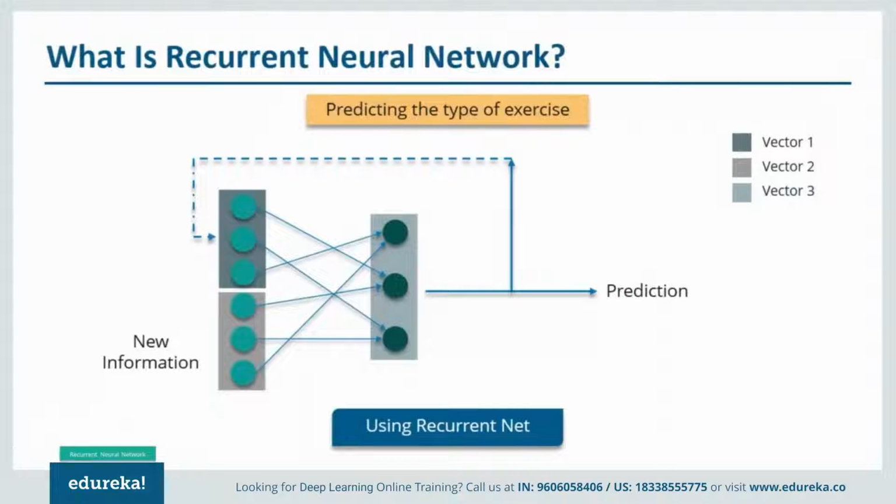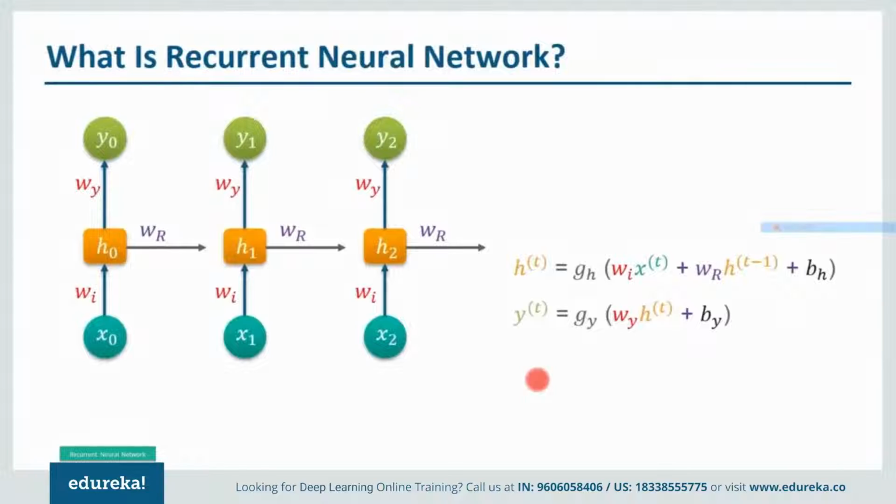Now let me show you the math behind recurrent neural networks. So this is the structure of a recurrent neural network, guys. Let me explain what happens here. Consider at time t equals 0, we have input x0 and we need to figure out what h0 is. According to this equation, h of 0 is equal to the weight matrix Wi multiplied by our input x of 0, plus Wr into h of 0 minus 1, which is h of minus 1, and time can never be negative, so this particular term cannot be applied here, plus a bias.